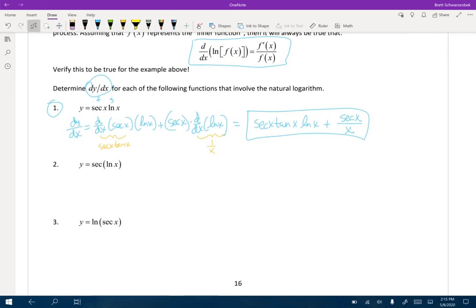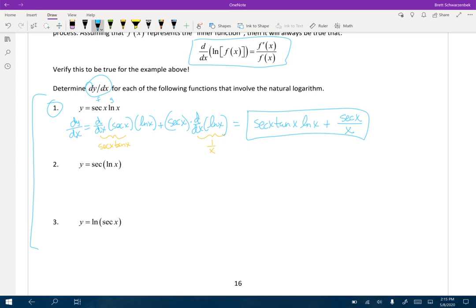Similar to a problem I did a while back where I did sine 3x, sine cubed x, sine x cubed, sine cubed 3x, four problems that were all crazy different, same thing here. You can see that I did like a secant natural log fest. The first one was a product, secant times natural log.